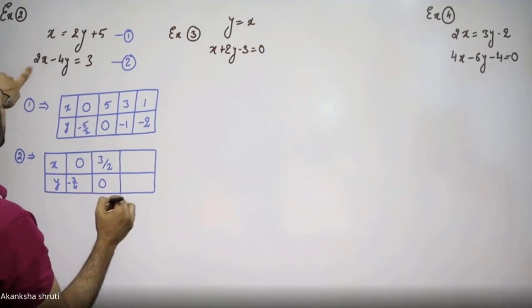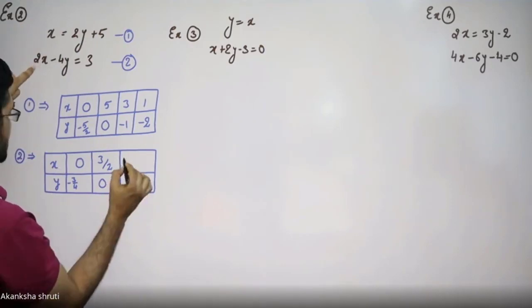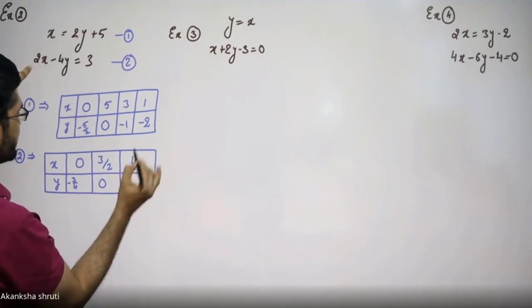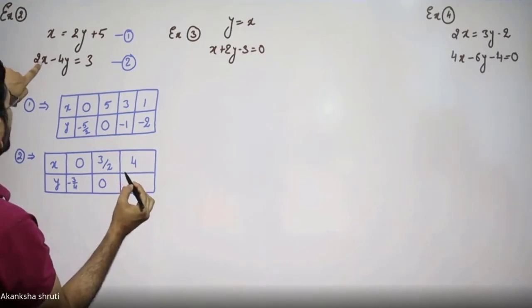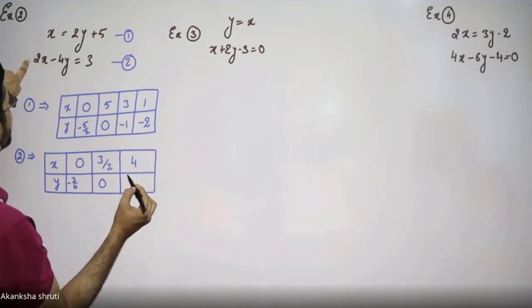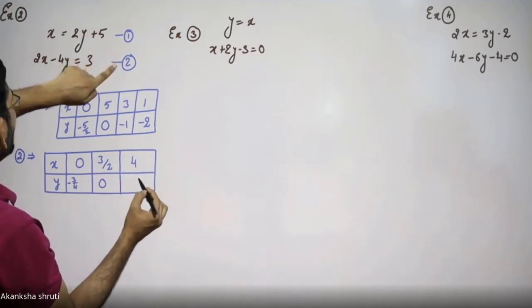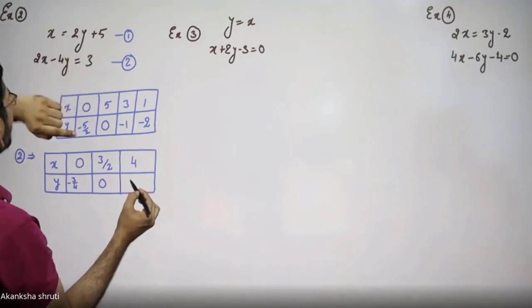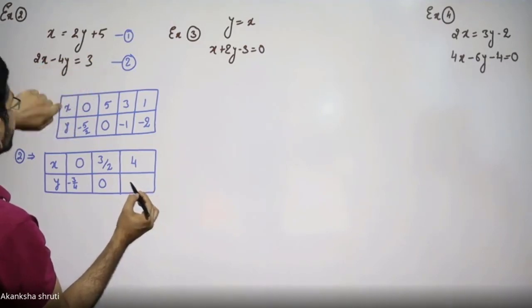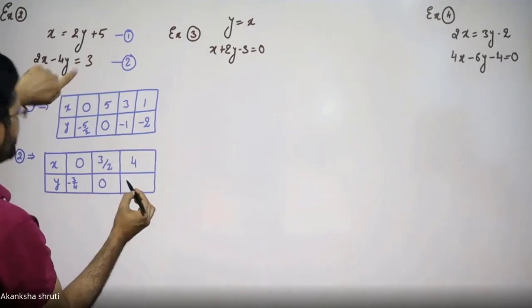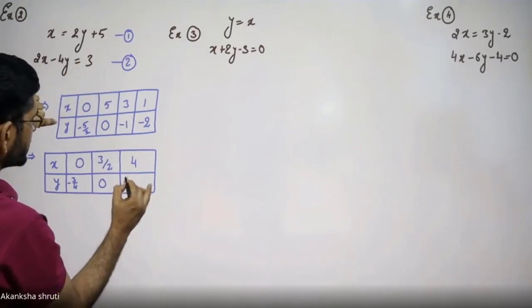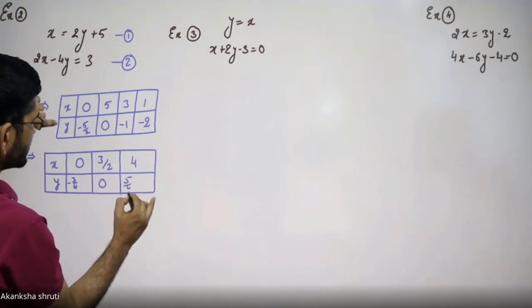Choose x equal to, say, 4. Let me take the bigger one. Choosing x equal to 4, it becomes 8. Then 3 minus 8 becomes minus 5. Minus sign can be cancelled. So it becomes 5 by 4, or like 1.25. To make it a bit bigger, I have taken this.